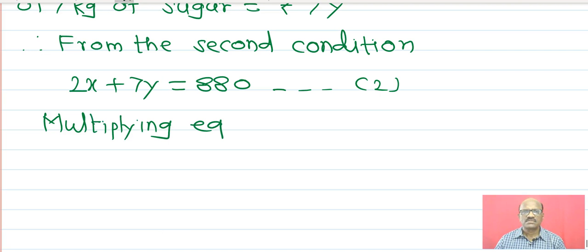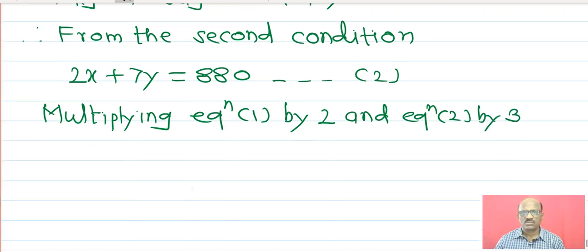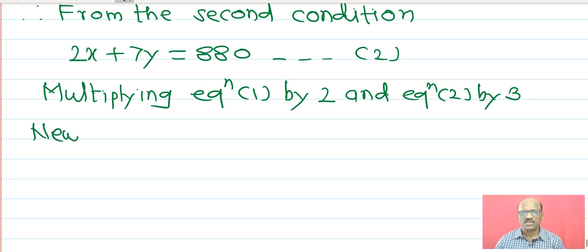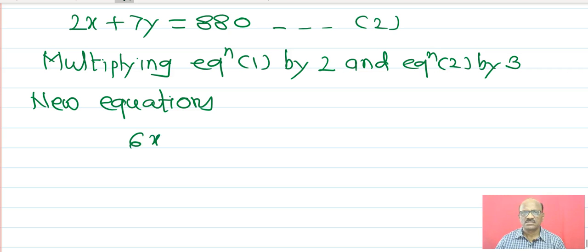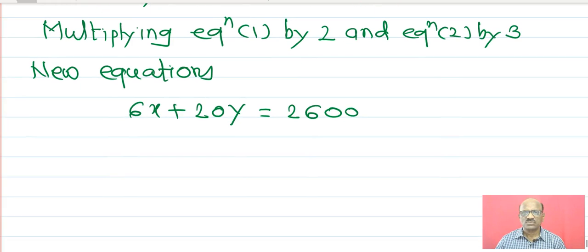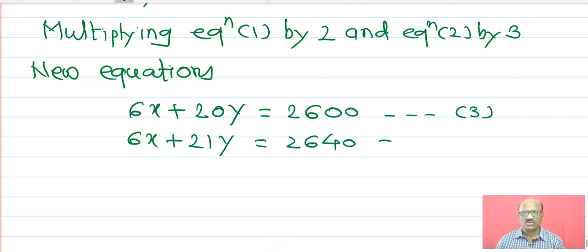Now multiplying equation 1 by 2 and 2 by 3, that is 6x plus 20y is equal to 2600, and 6x plus 21y is equal to 2640.